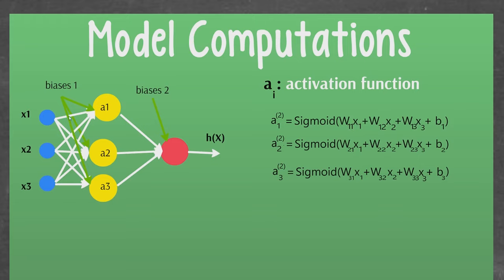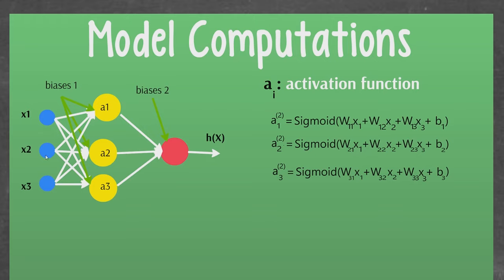So this arrow represents this weight multiplied by x1. Then the second one, multiplied by x2, and then the third one, multiplied by x3, and then we add the bias 1. We do the sigmoid, and then we have this output here.